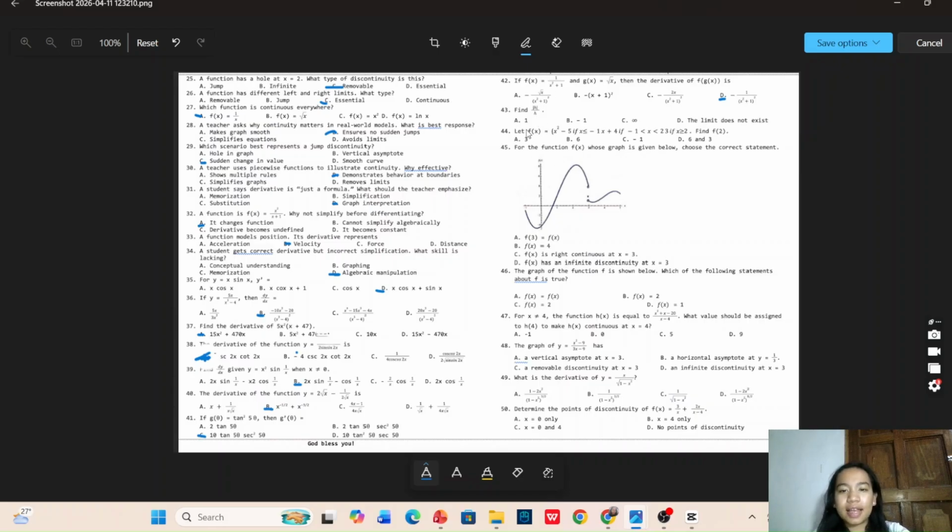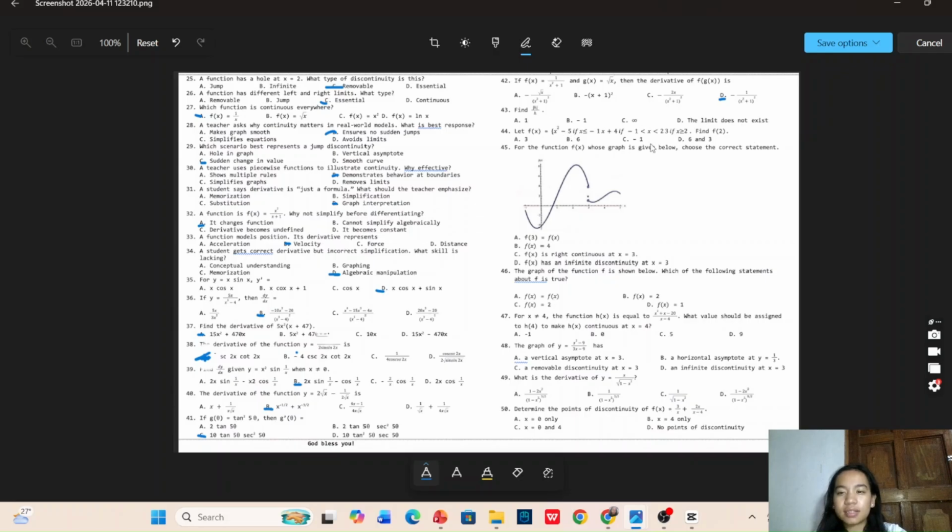Number 44. Let f of x equal x squared minus 5 if x is less than or equal to negative 1, and x plus 4 if negative 1 is less than x and x is less than 2, and 23 if x is greater than or equal to 2. Find f of 2. I cannot clearly see the piecewise function.